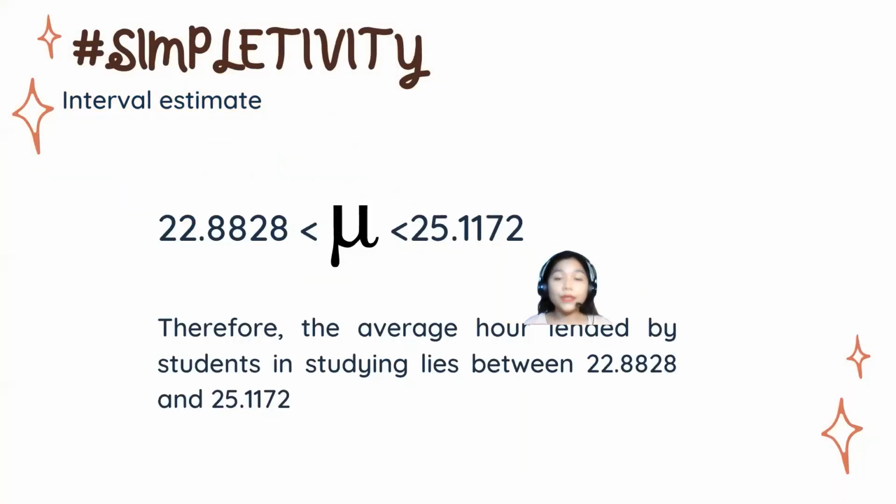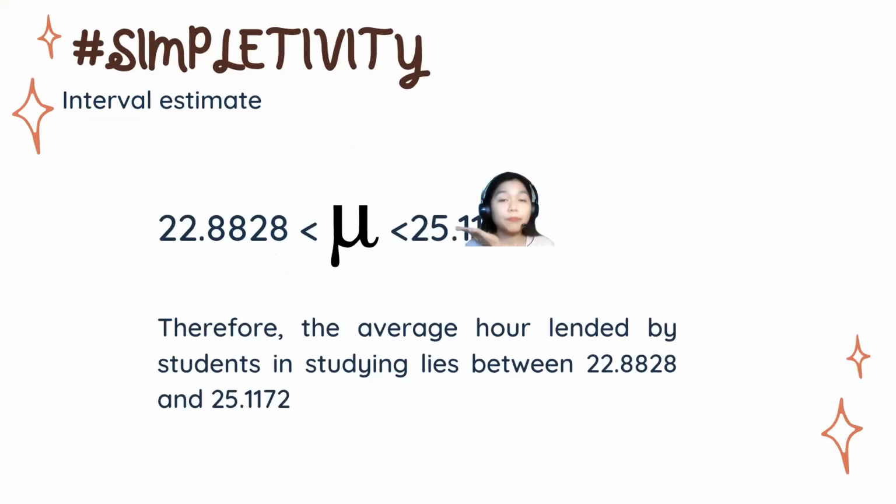Now, our interval estimate is, it is expected that the exact value, which is unknown, okay, the mu or the parameter mean is in between 22.8828.